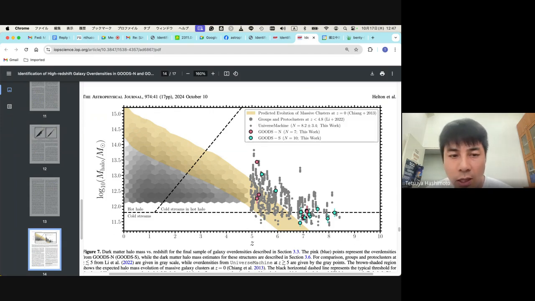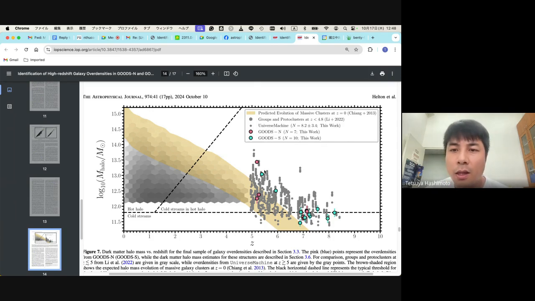And then they estimate the halo mass for their sample assuming a stellar mass to halo mass ratio. I think they use an empirical ratio between stellar mass and halo mass because they have photometric data of individual galaxies. They should be able to calculate the stellar mass. Then they convert the stellar mass to halo mass, assuming a certain empirical ratio. And then, therefore, they can basically calculate the halo mass for their overdensity samples.